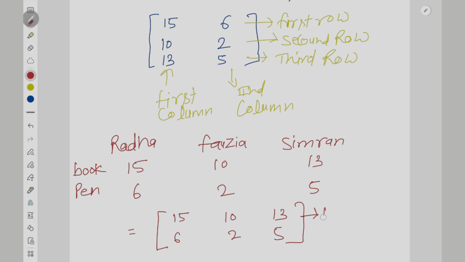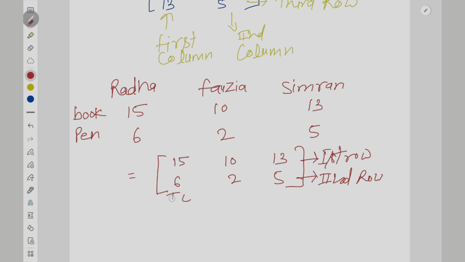This is the first column, this is the second, and this is the third column.